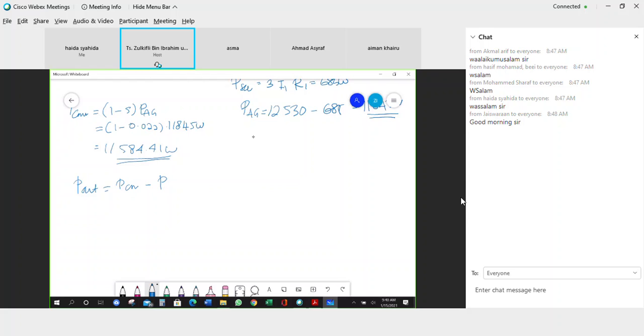So P windage and friction dan juga P stray. So basically this value is already in the power rotational process. Includes everything. Kalau baca dekat soalan dia kata everything is included in the rotational losses are assumed to be constant. The core losses is dalam rotational losses. So which include the rotational losses lah. So this is part of rotational losses.